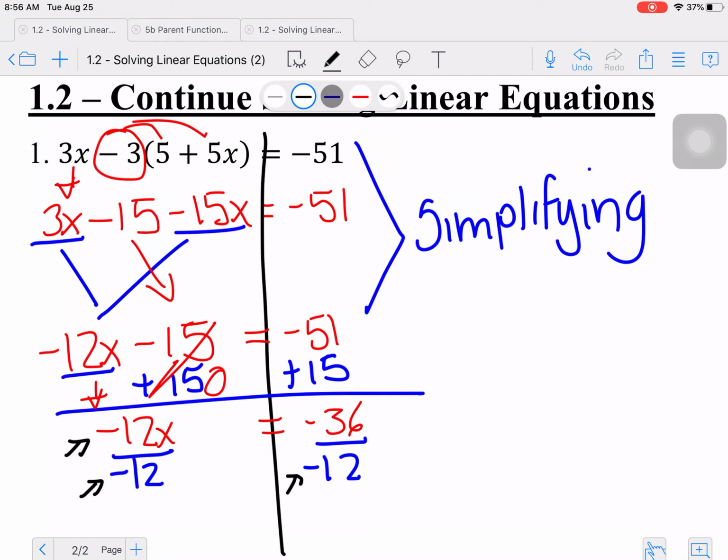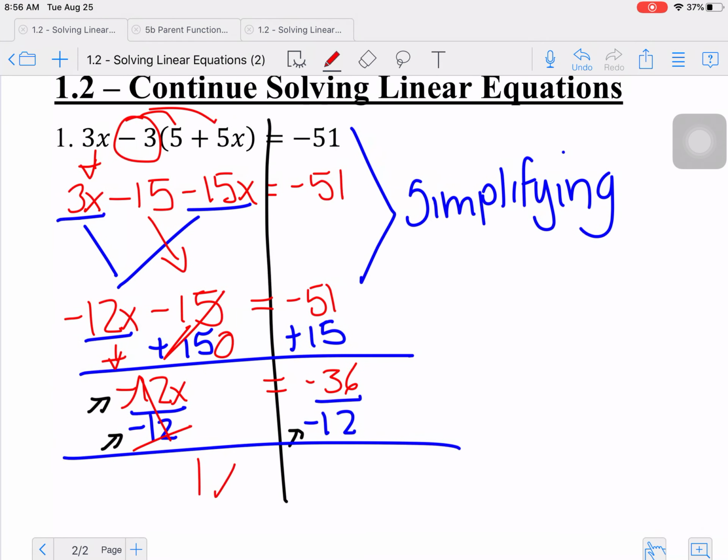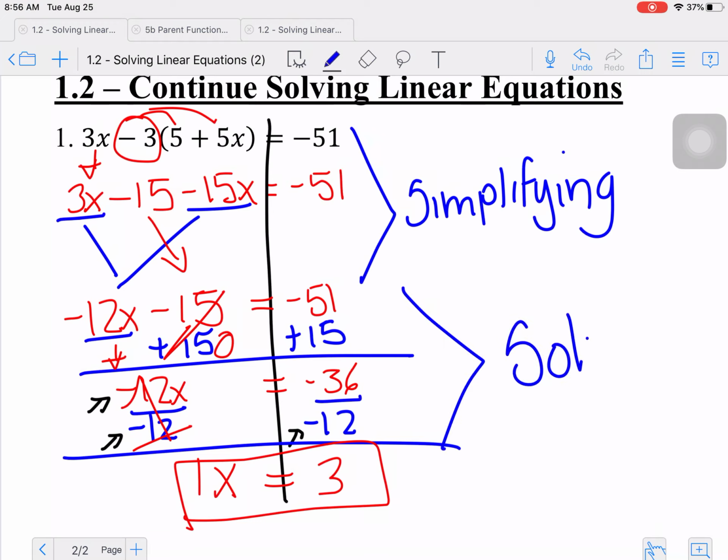Okay, so let's go ahead and see what we get. -12 divided by -12, that equals 1, so I'm left with 1x equals -36 divided by -12 equals 3. And that is my answer. And again, this is the solving part.